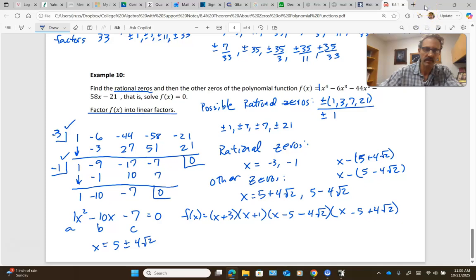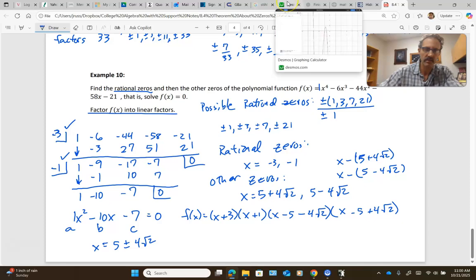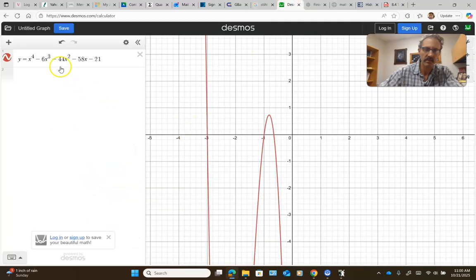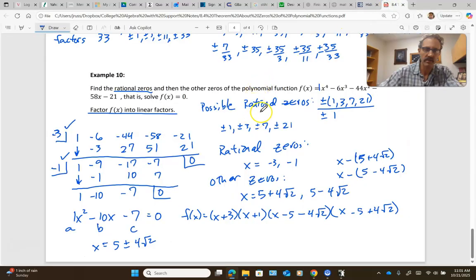Okay. So guys, in your homework you're going to have 2 or 3 problems like this. You can list out the possible rational zeros. Sometimes though you can even save yourself some time, just graph the function and you can see it clearly crosses at -3 and -1. Sometimes though, however, what if some of these rational zeros were fractions?